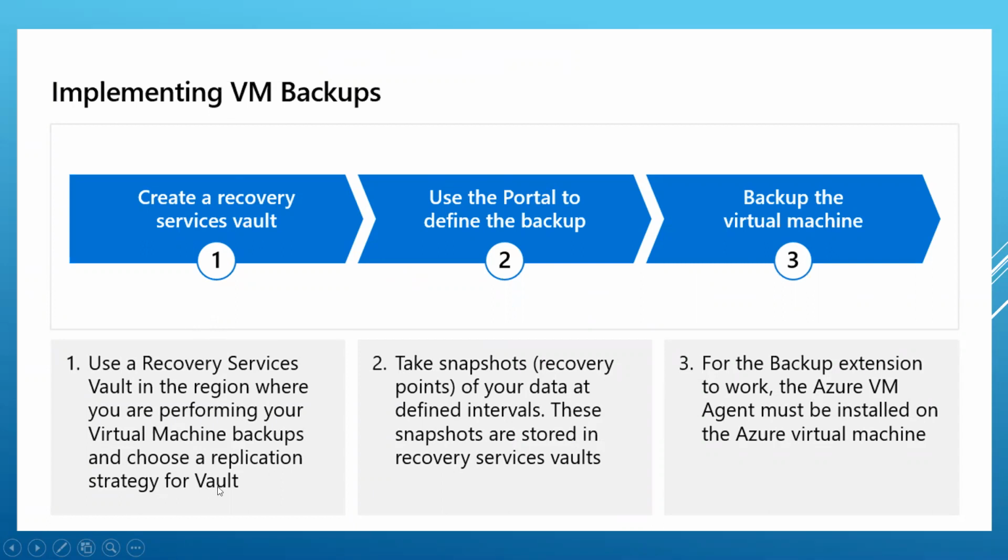So first of all, we are going to create this service, the recovery services vault, which we have just now discussed, in that region where you want to create the VM and store the VM. Second, use the portal to define the backup. Then we define the policies for your Azure Backup. And finally, we can start backing up the virtual machine. So these things we are doing in the upcoming demo.